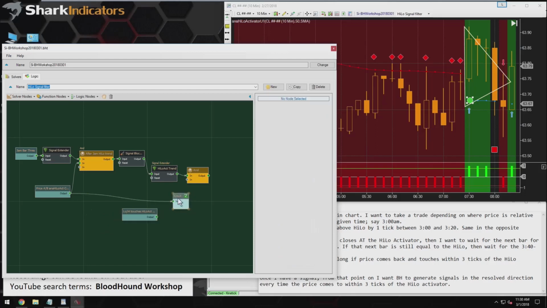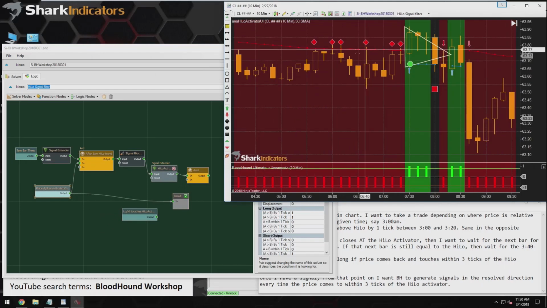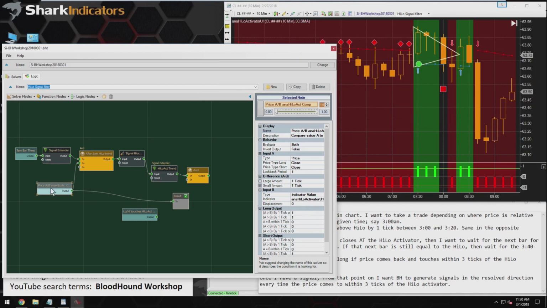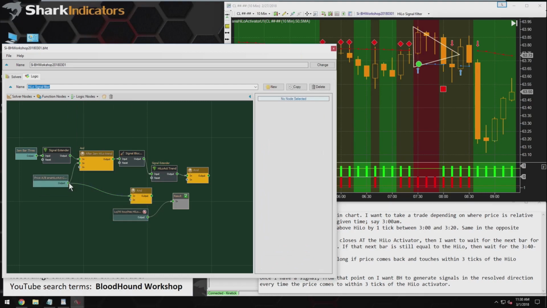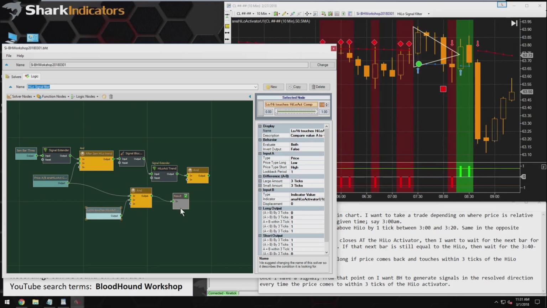Remember, we have this solver that's telling us whether price is above or below our high-low indicator, so telling us the trend direction. I will take this solver and couple it with this solver, and it'll filter things out for us. Plug that in. Plug that in. Let's take a look.